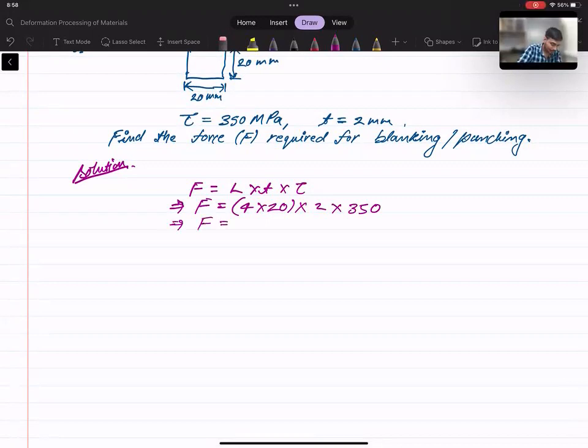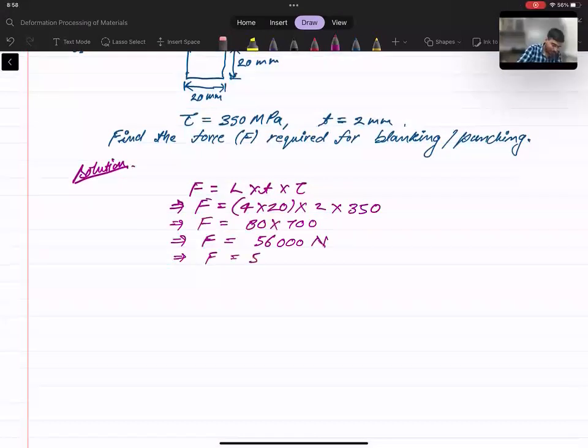This is 80, into this becomes 700, and this again becomes 56,000 newtons, or more simply we can write 56 kilonewtons.